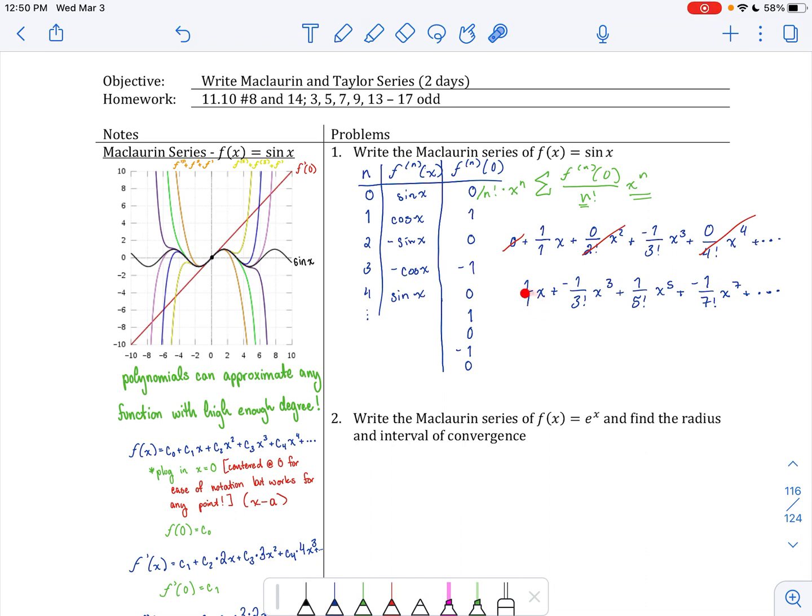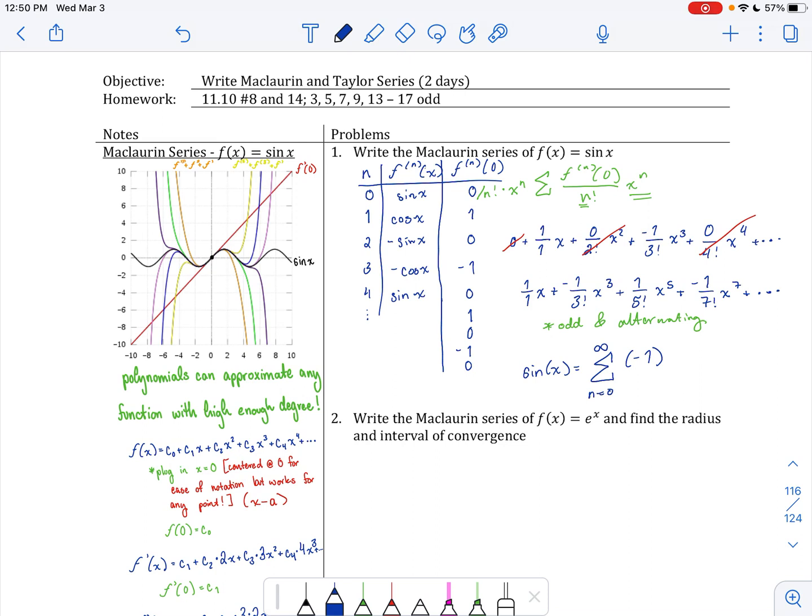So what you'll notice here is that sine has only the odd powers and the odd denominators, plus you have an alternating part. It's positive, negative, positive, negative. So we know that it's odd and alternating. When I write out my series, I say sine of x is equal to the series from n equals 0 to infinity of alternating, which is negative 1 to the n.